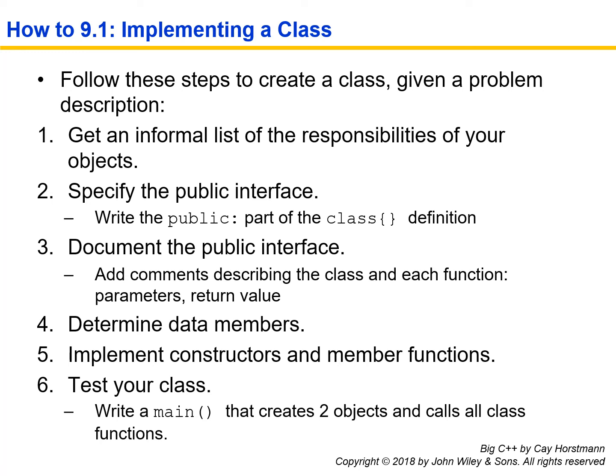Then you write the public part of your class definition to define the public interface. You add comments documenting the public interface, and then you're ready to define the necessary data members. You implement constructors and member functions, and finally, you're ready to write a test unit program to test your class.